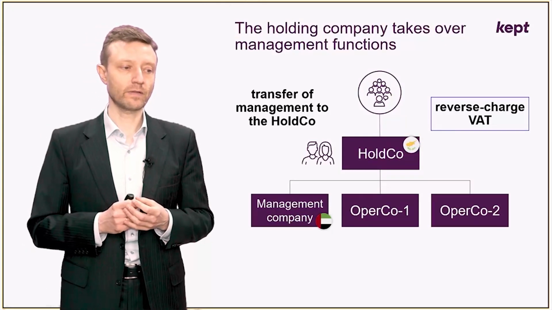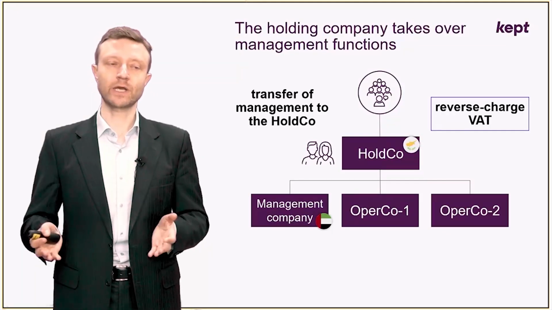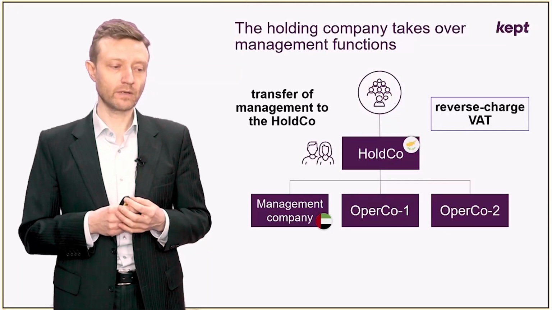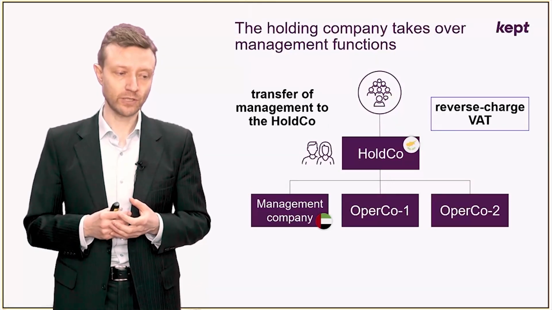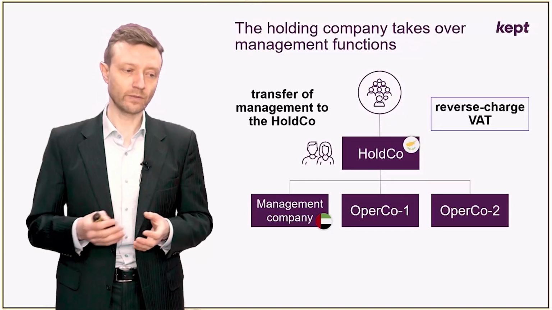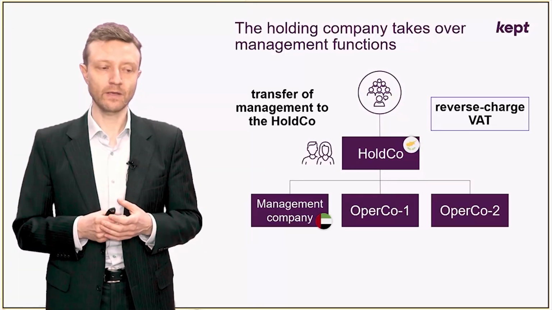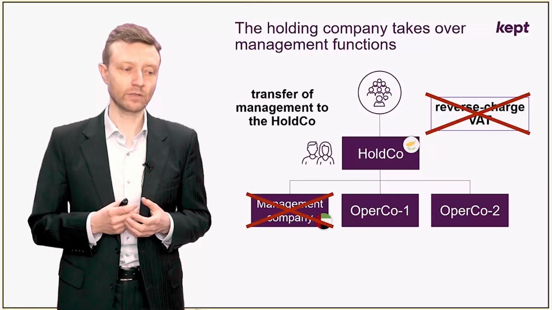First of all, the management can be transferred from the management company to the holding company, in which case there is no going to be service charge. Management fees are not going to be charged at all. The holding company will incur these costs directly, and the reverse charge VAT disappears, and the management company is no longer necessary.